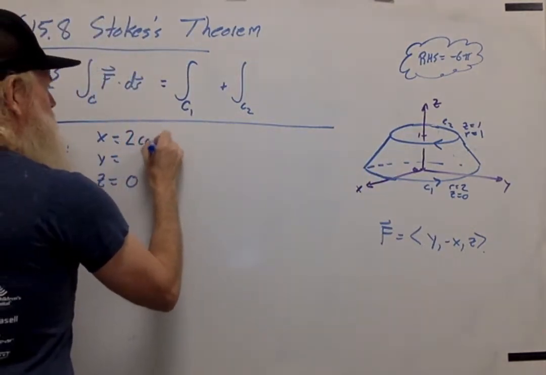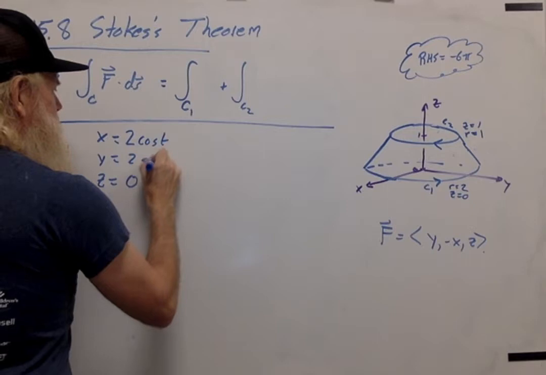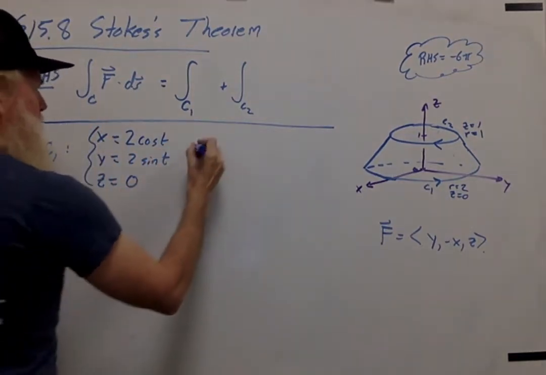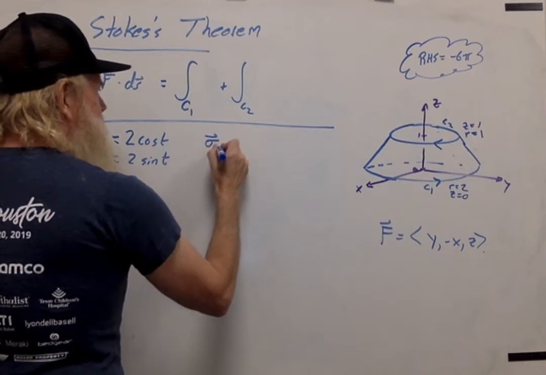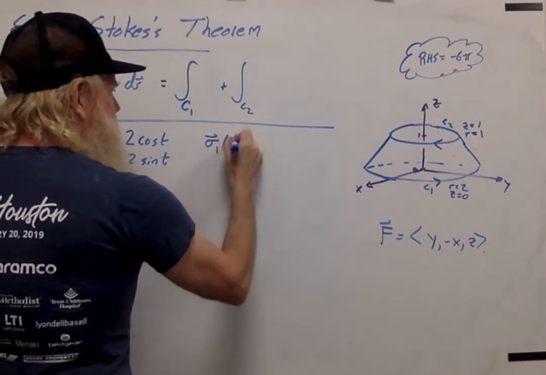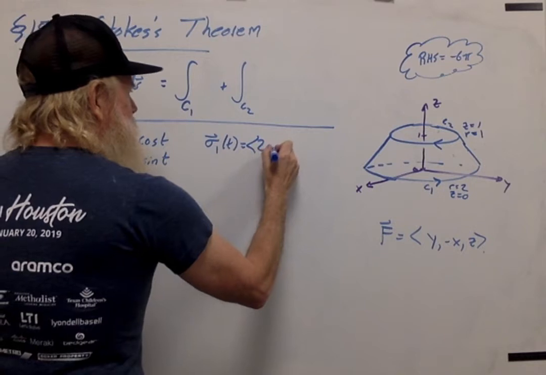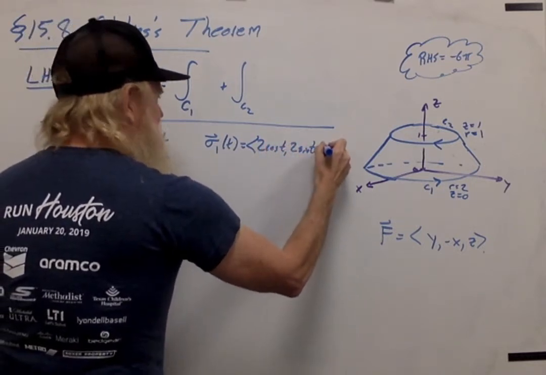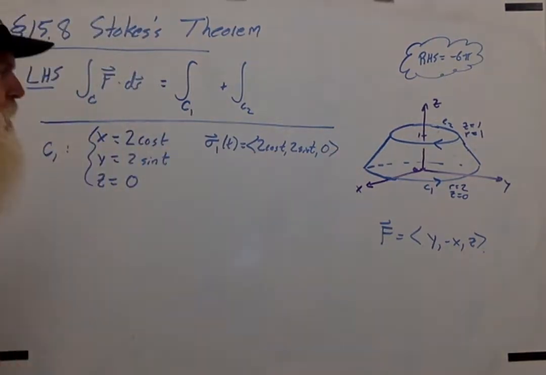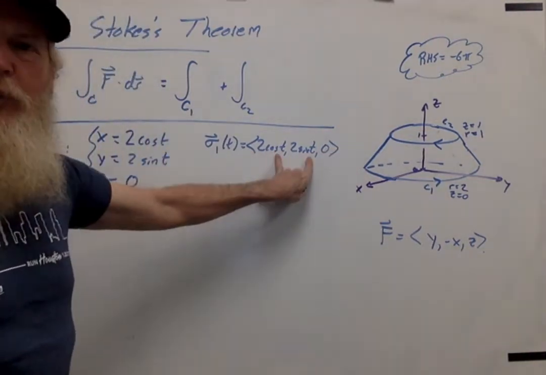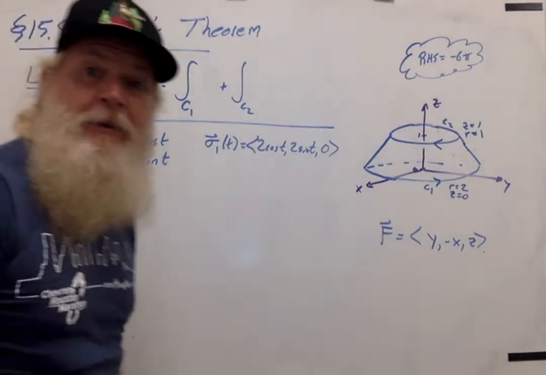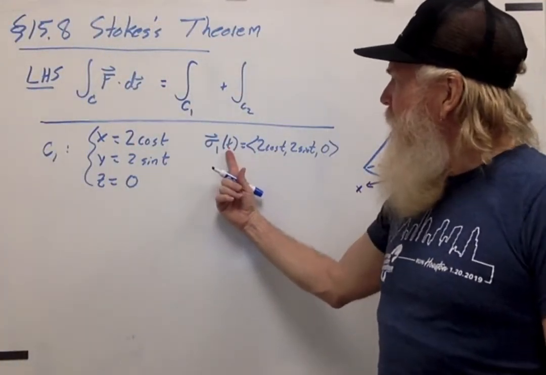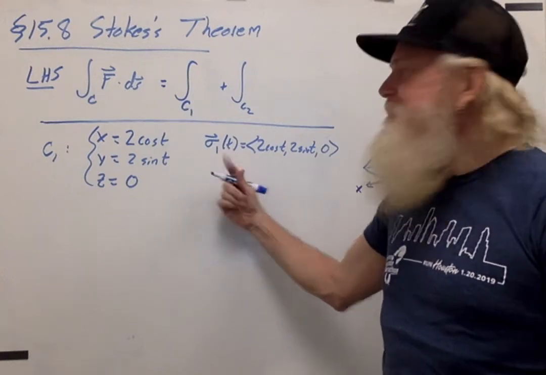So I can do 2 cosine t, 2 sine t. Or writing this in sigma notation, I'll have sigma 1 of t equals 2 cosine t, 2 sine t, and 0. Important to notice here, since I'm parameterizing a curve, there's only one parameter. You don't have to use the letter t, but no matter how you parameterize, there should only be one parameter.